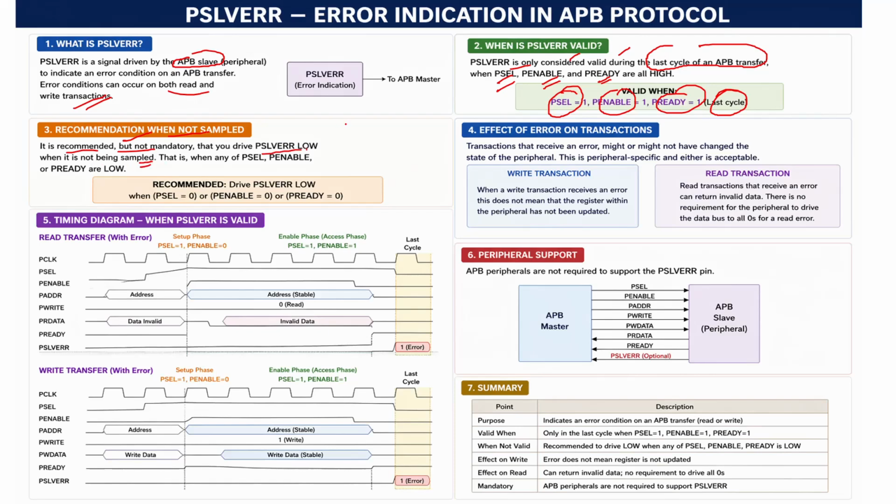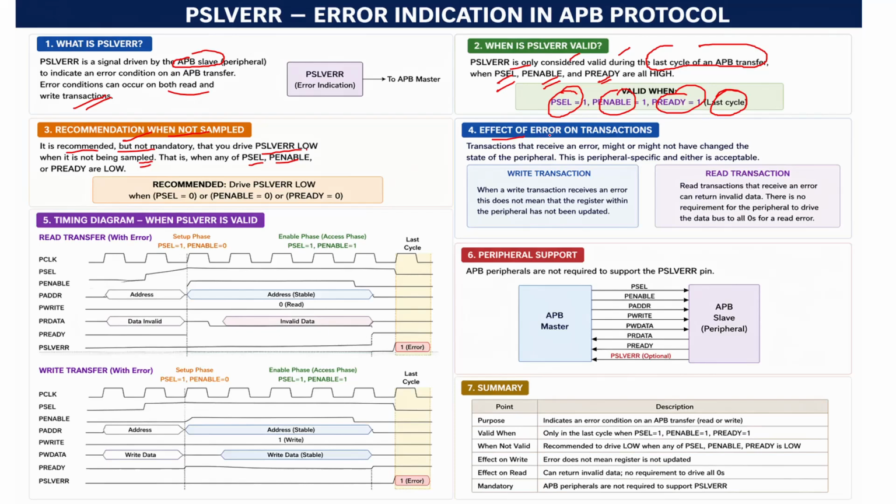If you are not sampling the data, meaning not transferring the data, at that time slave error is low, that is okay. But when PSELECT, PENABLE, PREADY are all low, setting PSLVERR low is not needed, right? Because you are not doing any transaction, that's why it is not mandatory. That gives no effect in your transaction.